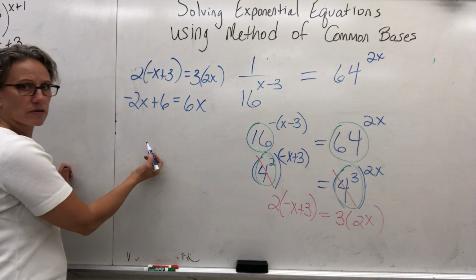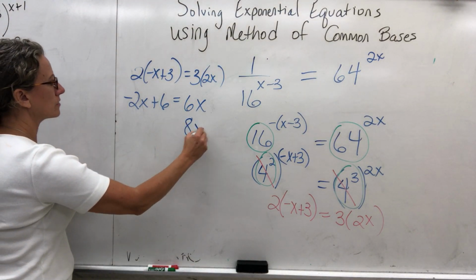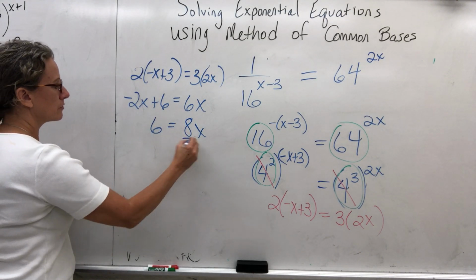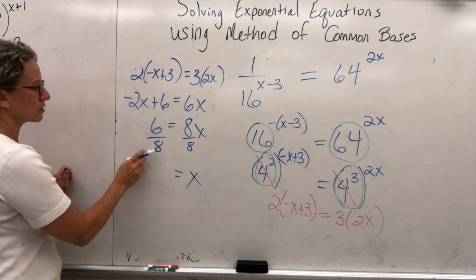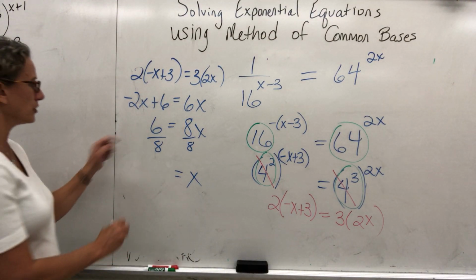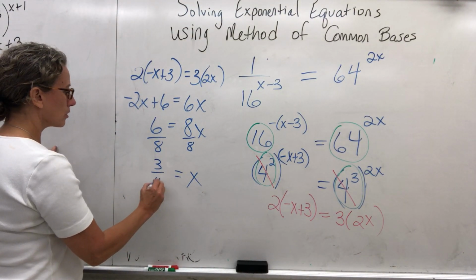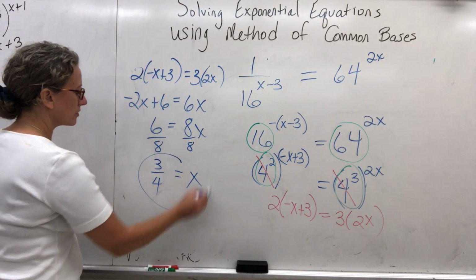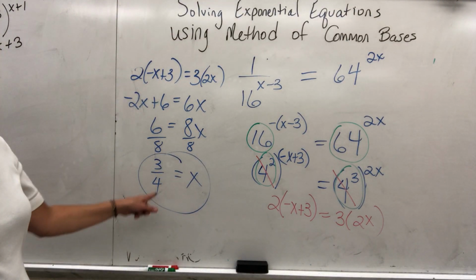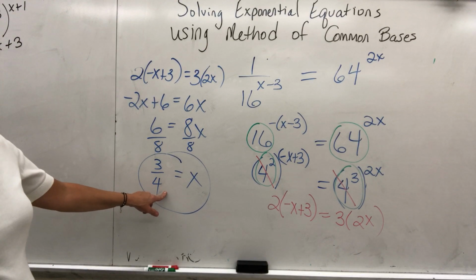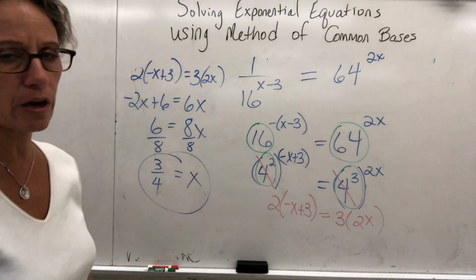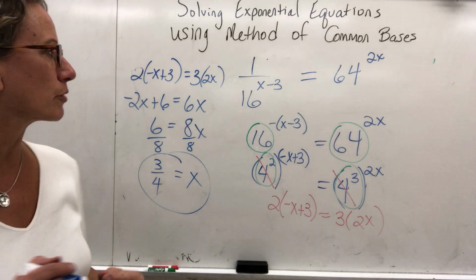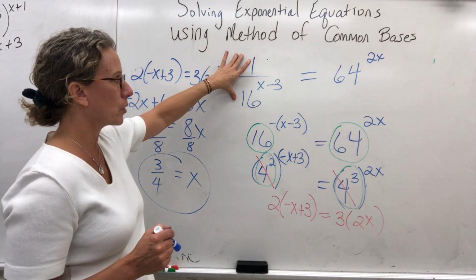Adding the 2x to the other side, I get 8x equals 6. Dividing both sides by 8 and reducing the fraction because both of them can divide by 2, I get 3/4. So x equals 0.75 or 3/4. After that, you're going to pick one of the two originals if you have to solve for y. In this case, I was just looking for the x because I gave you a straight-out equation.